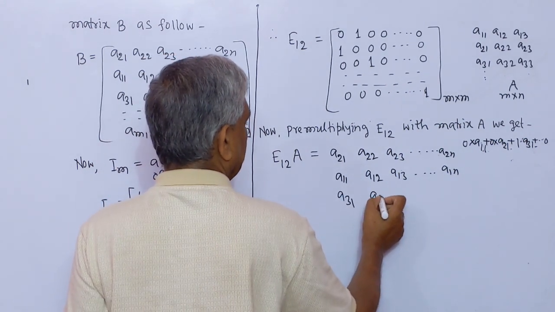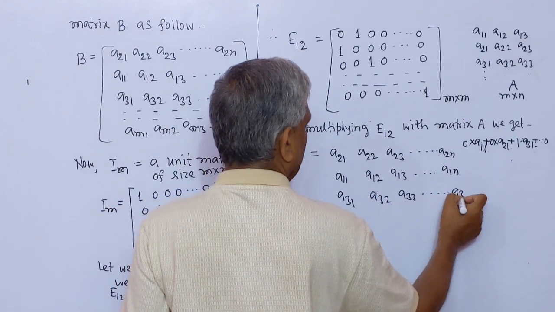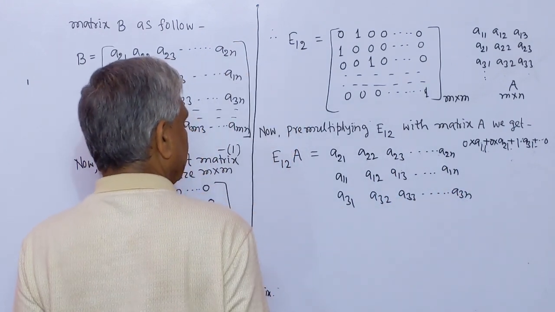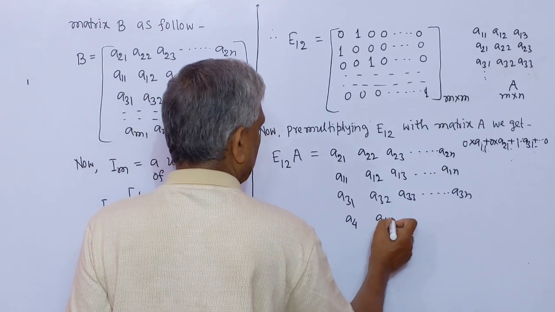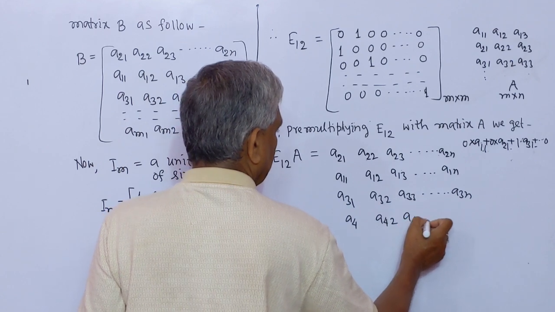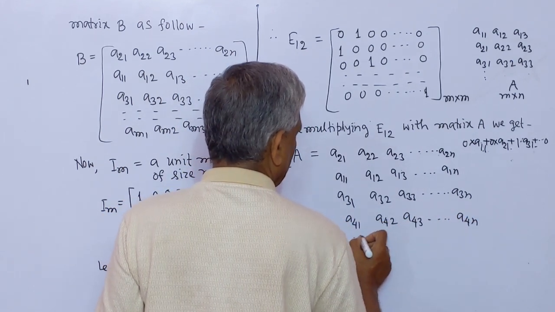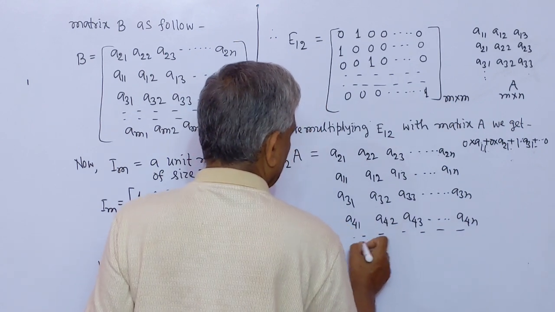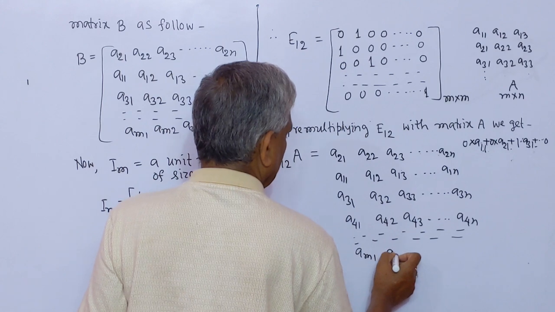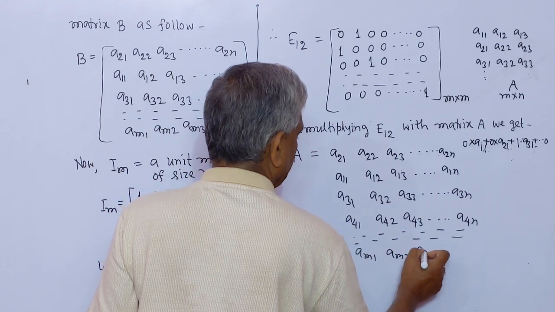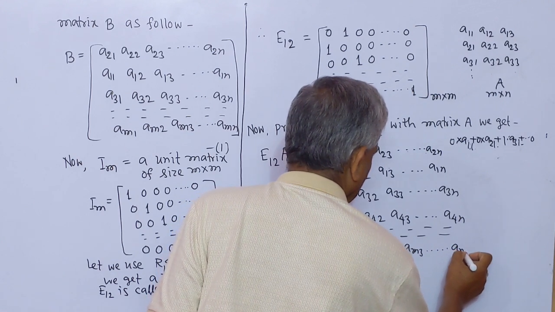Similarly here A32, A33 dot dot dot dot A3n, and other rows remain the same, A41, A42, A43 dot dot dot dot A4n, dot dot dot dot, AM1, AM2, AM3 dot dot dot dot AMN.